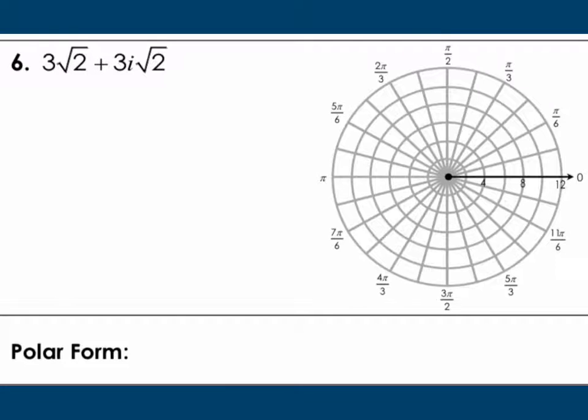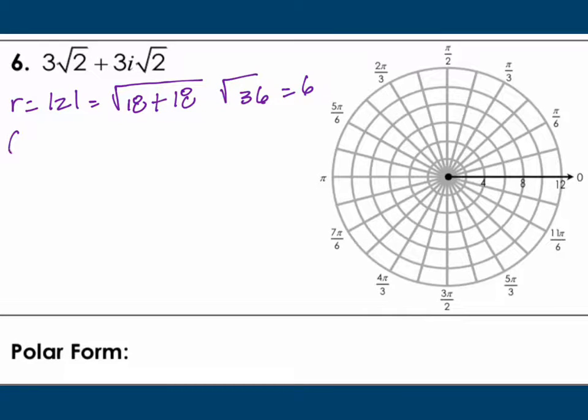All right, r is the absolute value of z, which is the square root of 9 times 2, that'd be 18, plus the same thing. So we get the square root of 36, which is equal to 6. So r is 6.